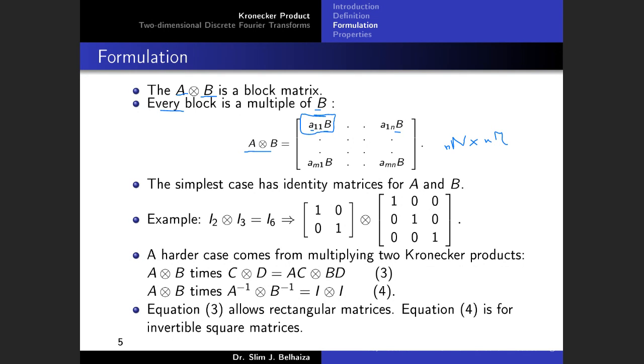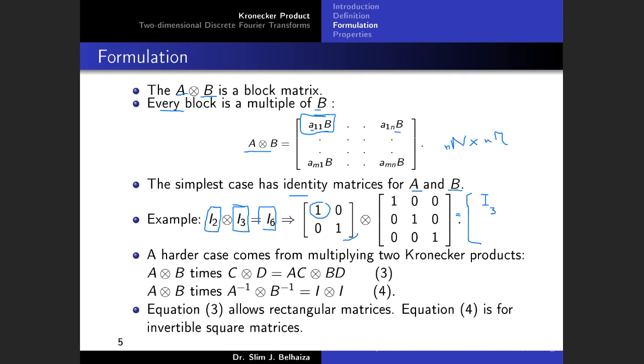And the simplest case has identity matrices for A and B. So in this example, we can easily check it. We have I2, the identity of size 2, multiplied by I3, the identity of size 3. And the result is the identity matrix of size 6. How come? Because when you multiply this I2 matrix, where you have ones on the diagonal, by this I3 matrix, the first 1 is going to multiply I3. So basically, you're going to place I3 here.